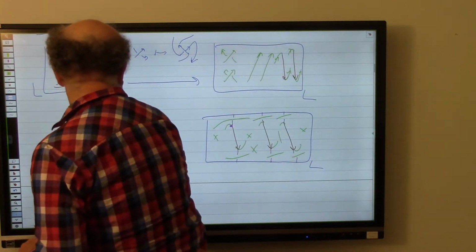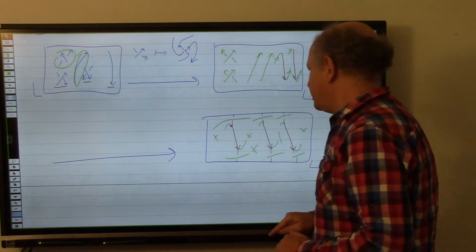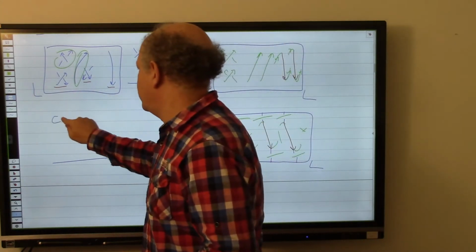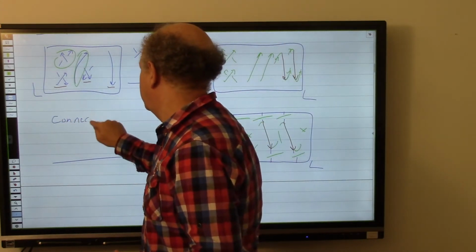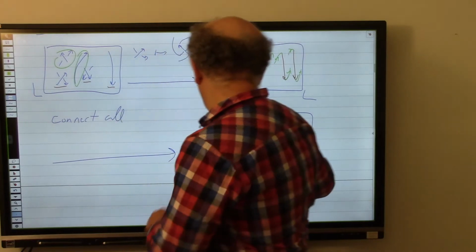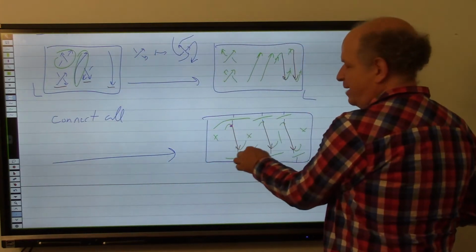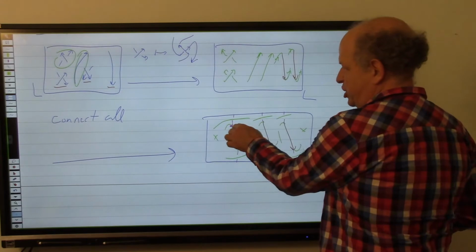So the next step is I connect all, I'm connecting all the minima and maxima that appear in the picture.